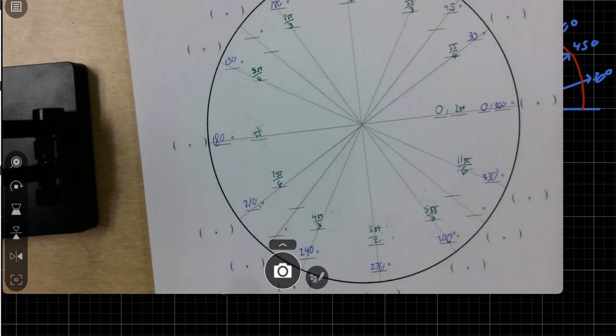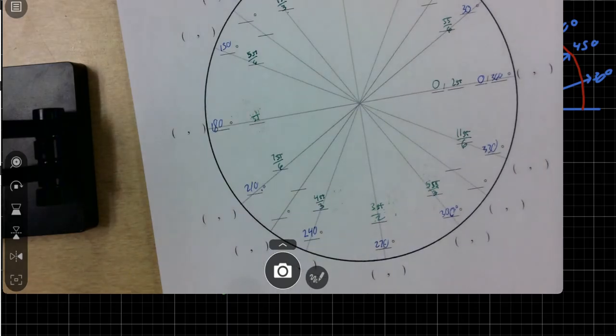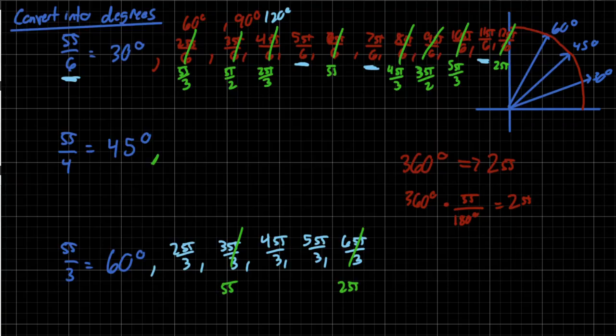We need to go up by how much each time? We gotta go up by 45 each time, which is how many radians? Yes, pi fourths. So we're just adding pi fourths to this fraction every single time. So what would be my next fraction? 2 pi over 4.